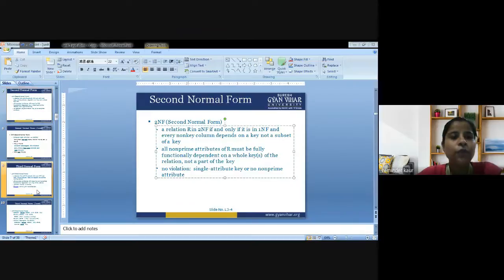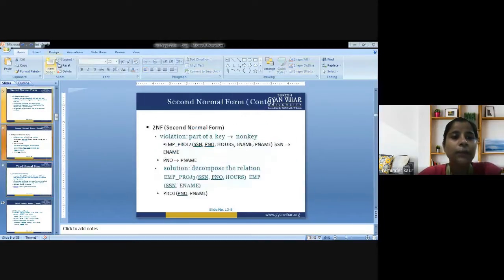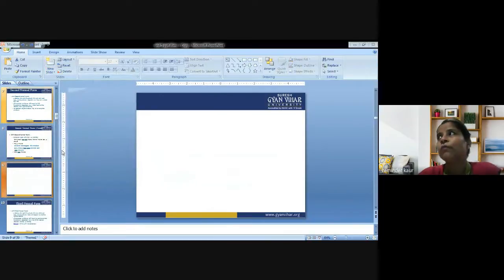If you want to have a look at the interpretation, or I can say the practical aspects of the second normal form, just have a look at the same. To be in second normal form, it should be in first normal form, and the relation must not contain any partial dependency.